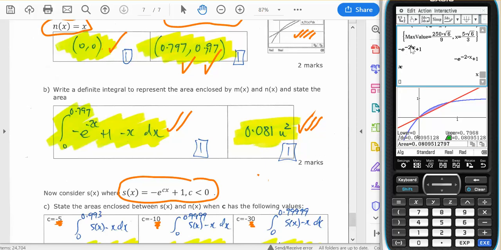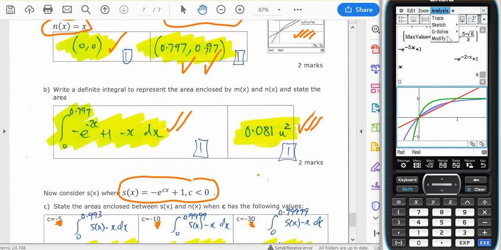Okay, so I'm going to go negative 5. I'm going to graph this. And I want the intersection between green and red. So analysis, G-solve, integral, intersection. I want red, so EXE, green, EXE, EXE for that intersection point.